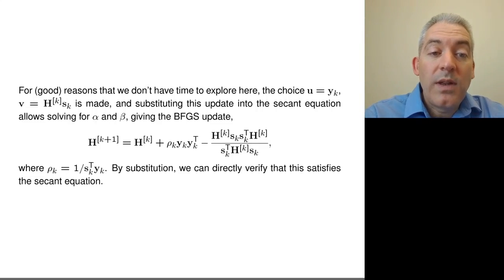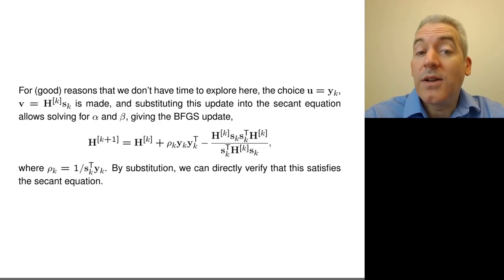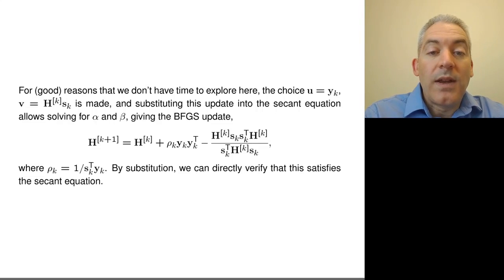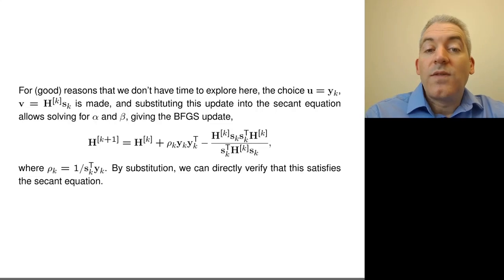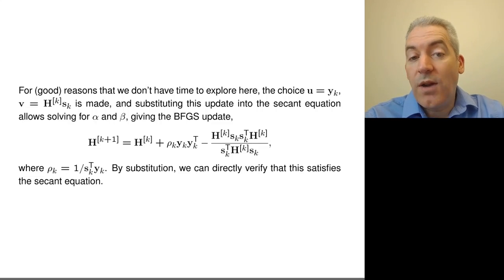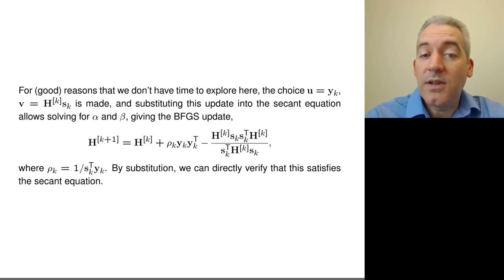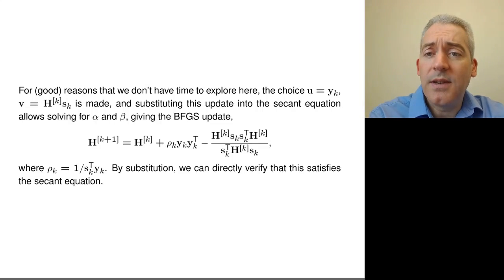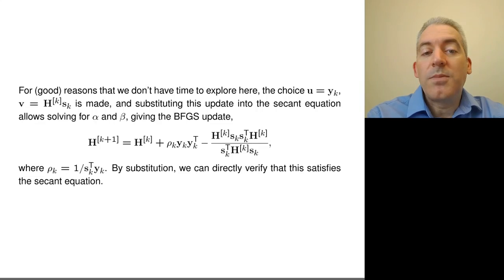Our new Hessian matrix is the old Hessian matrix plus this rank 2 update involving y and H s. It satisfies the secant equation. We can verify this by substituting this expression straight back into the secant equation, and you can see that it works. So this Hessian update works.